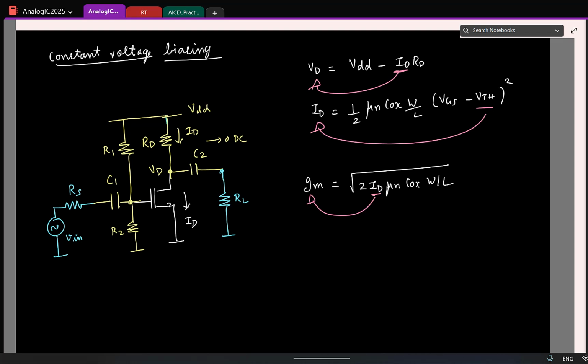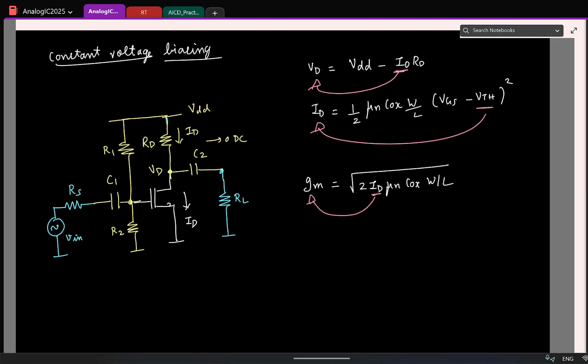And tell me, staring at this equation, if I have to make sure the operating point drain voltage doesn't change, what should I be keeping constant? If this has to remain constant, what should remain constant here? ID. If I somehow make ID constant, my operating point drain voltage of course is constant, and even GM is going to be constant. Fine.